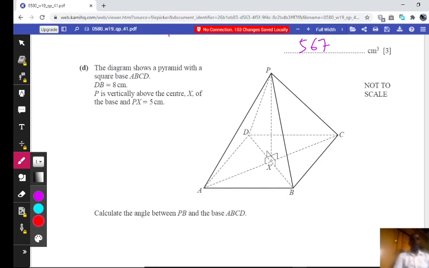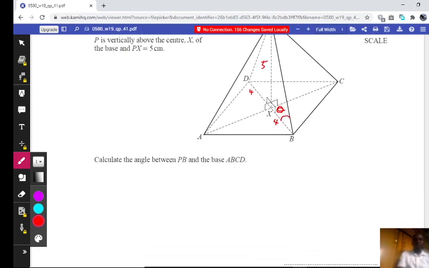Then they say calculate the angle between PB and the base ABCD. This is the angle that is needed. This one is 4, and PX is 5. This one is also 4. So what do you do? Since you want this angle, we can call it theta. What is the size of this angle theta?